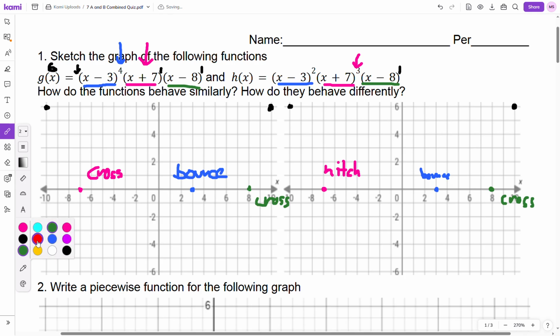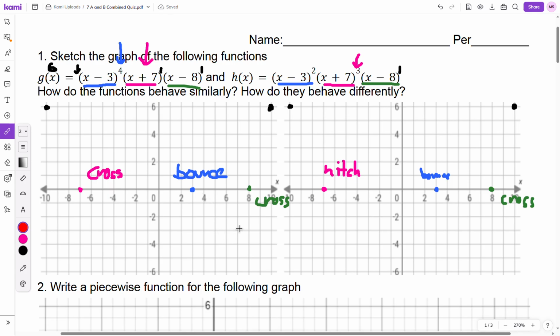So let's look at the actual graphs. Let's try graphing this. And I always recommend you do a dry run before you actually graph it, especially if you are using a pen or something like that. So I'm going to come down here. I'm going to cross. Then I'm going to come up, and it's going to bounce down.